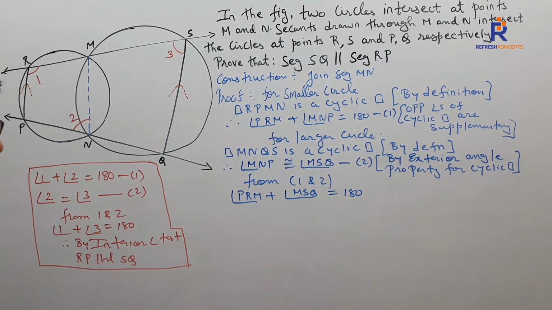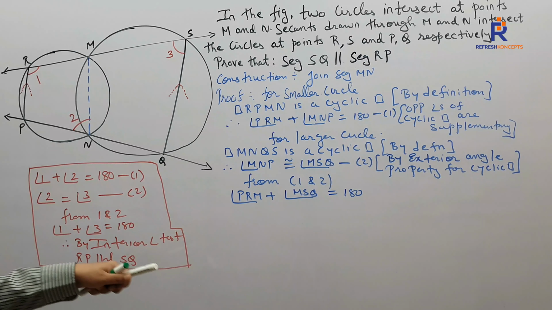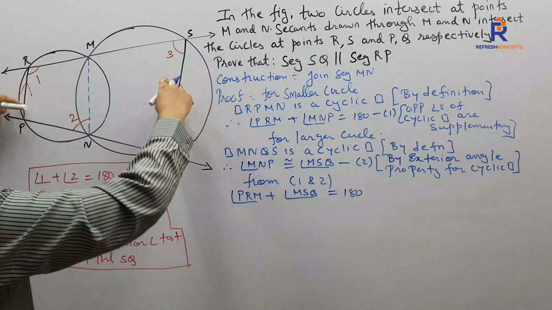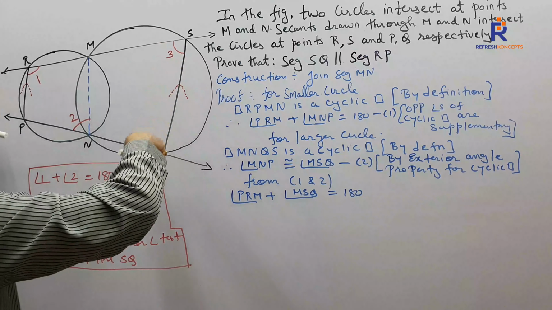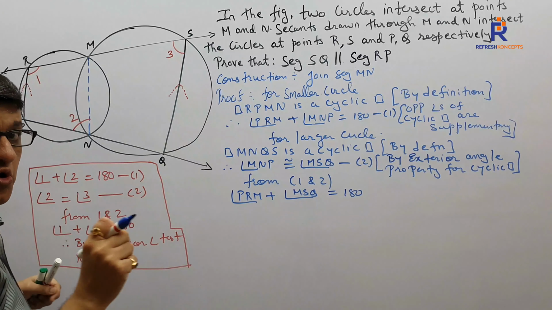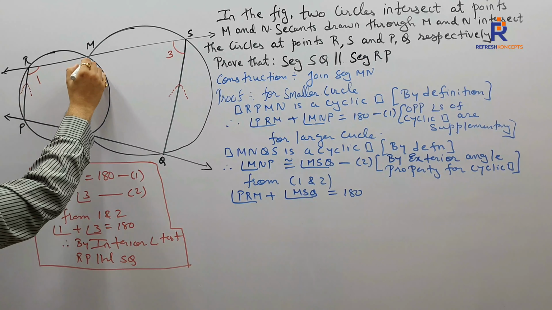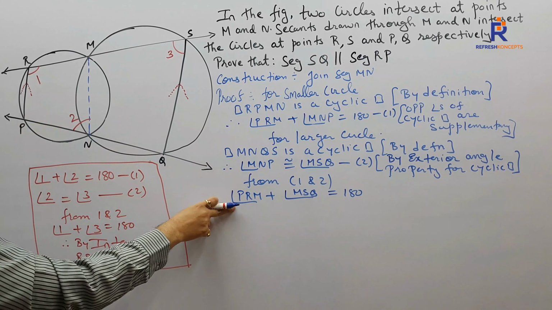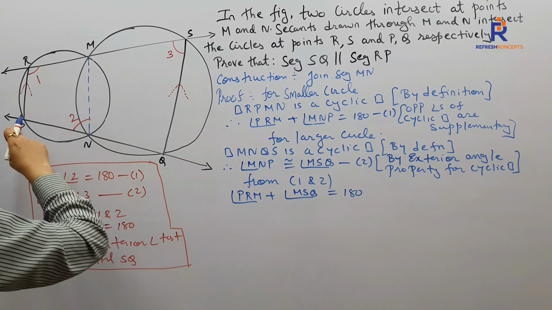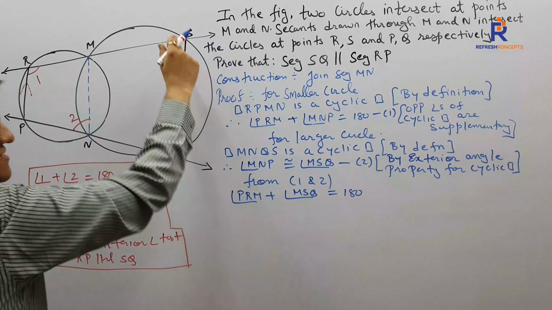Still, we are not done. Those who feel that we are done, no, still we are not done. Because when I say I want PR and SQ, I have to go and take the entire angle. I shall not say only PRM. As of now it is PRM, right? But I shall not say PRM. I have to say PRS.